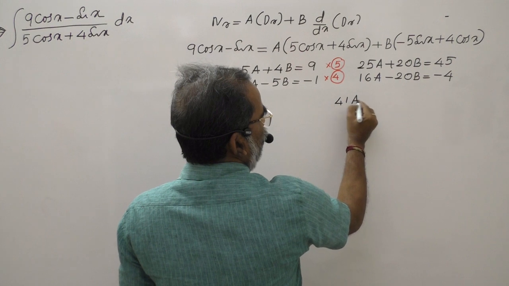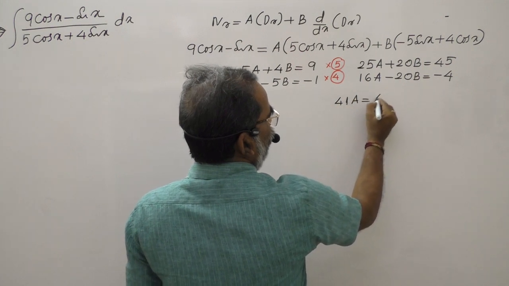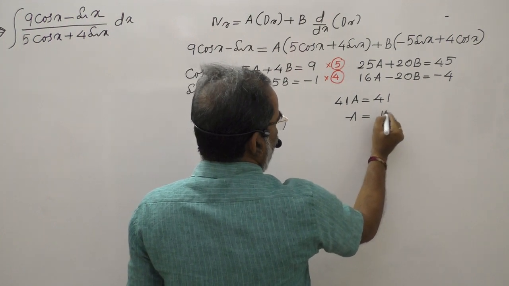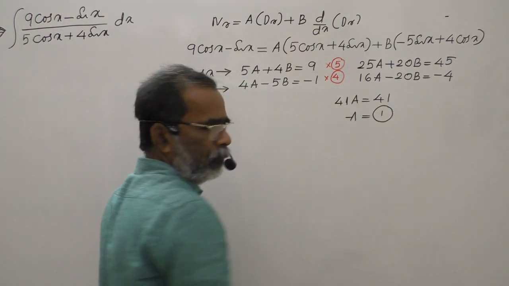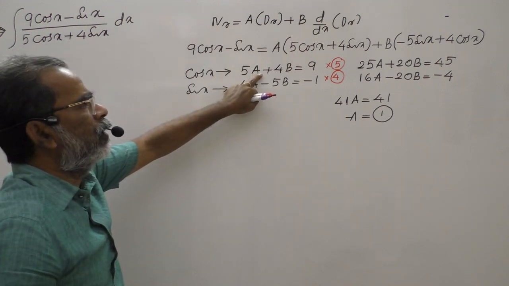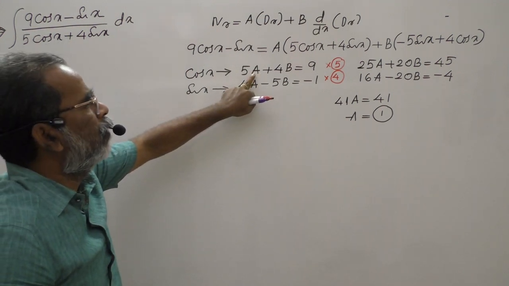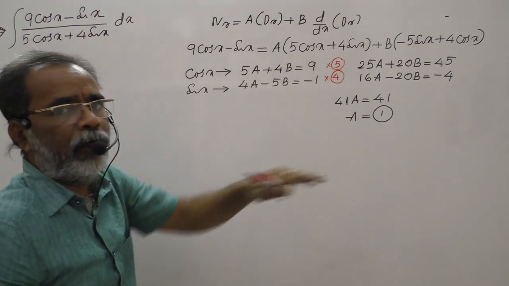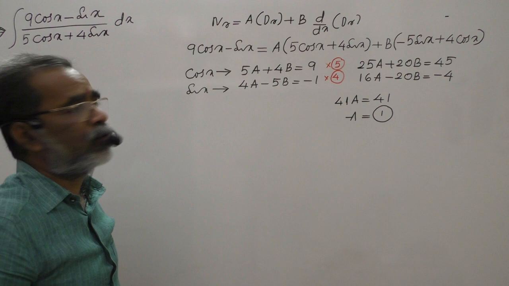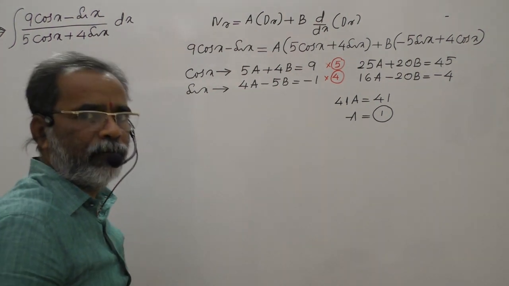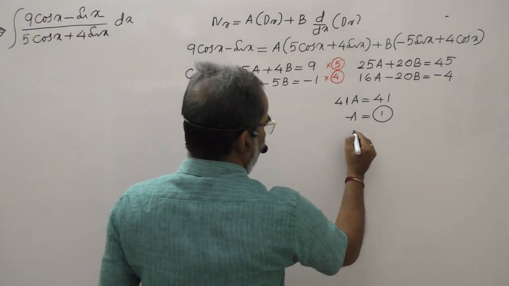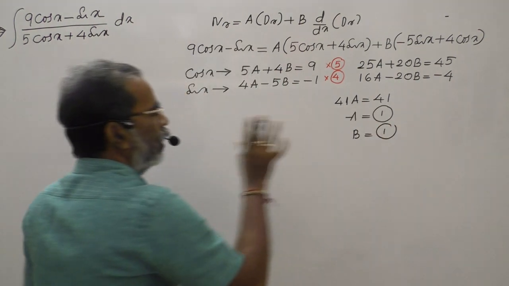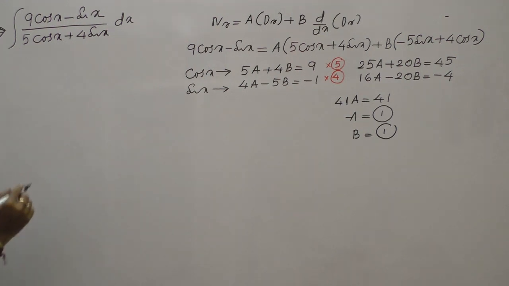So 41a is equal to 45 minus 4, 41. Therefore a is equal to 1. Put a value in this or this. If I put a equal to 1 here, this will be 5. If you write on right side it becomes minus. What you get? 4. 4b equal to 4 implies b is also 1. So a, b values have come.